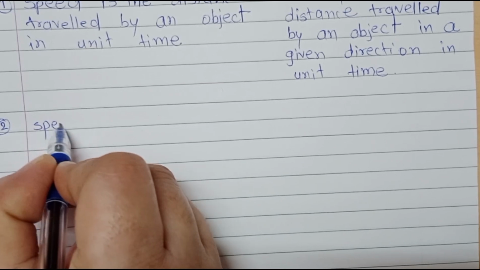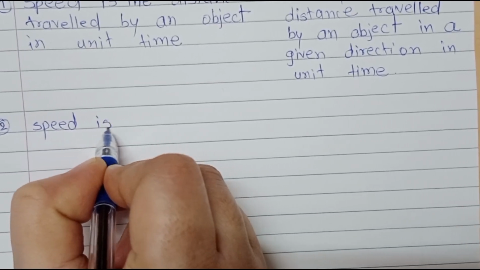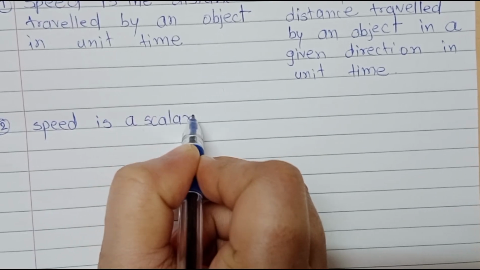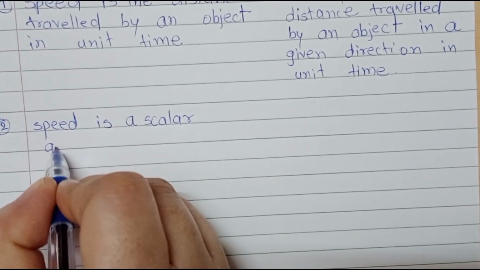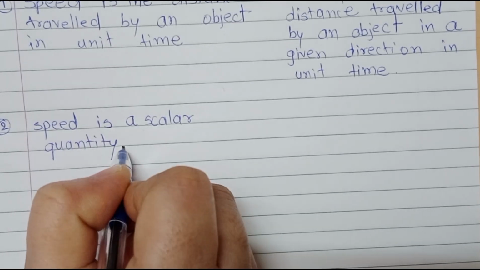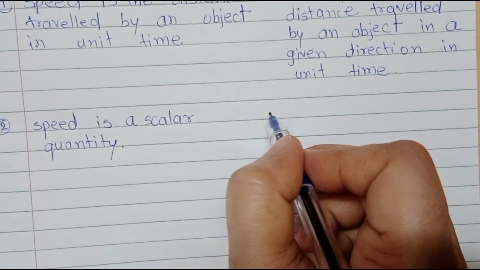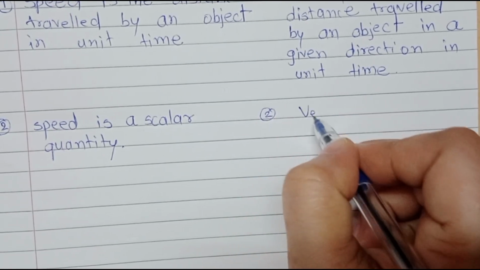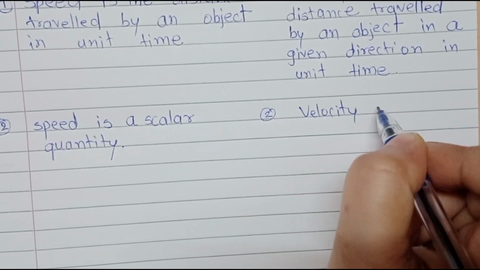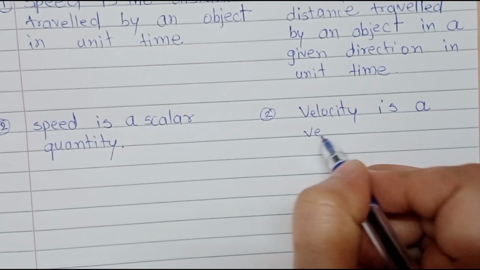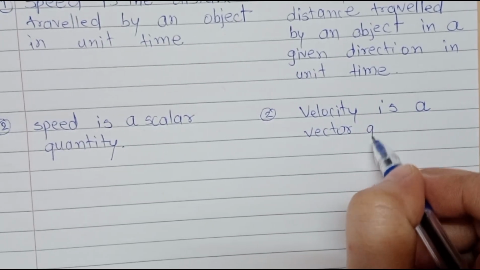Speed is a scalar quantity and velocity is a vector quantity.